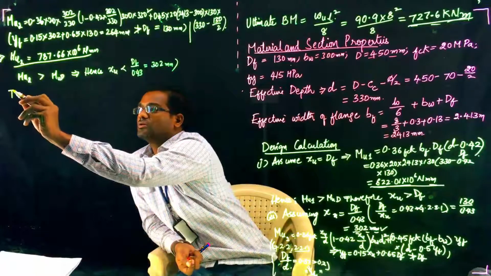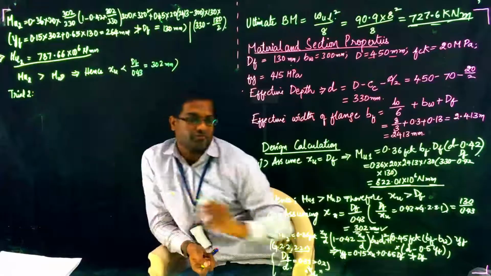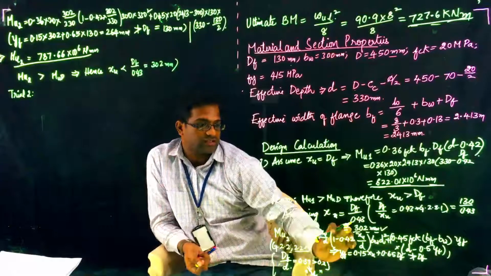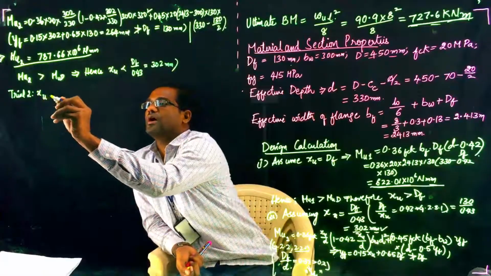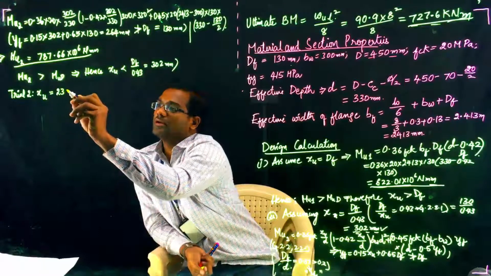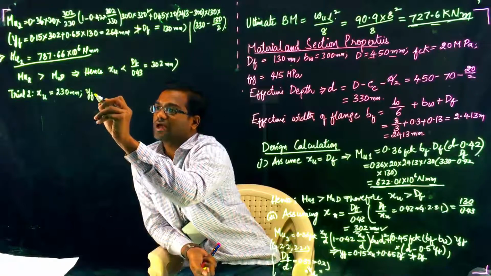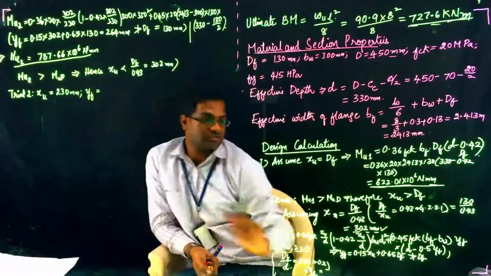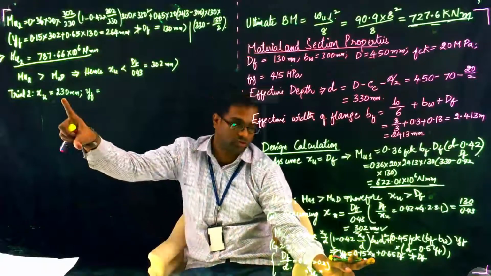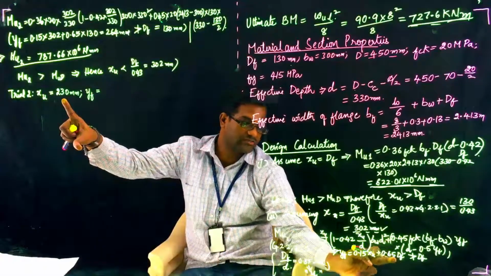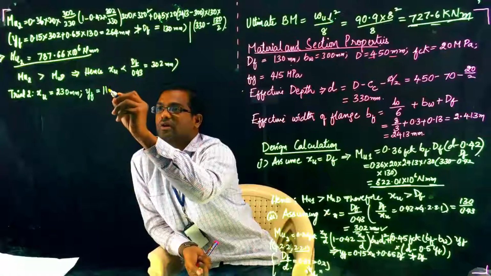Now trial 2. We have taken trial 1 as XU 302. Now in trial 2 we will assume the XU value as 230 mm. For this, if you calculate YF using this equation, 0.15 into XU, 230, plus 0.65 into 130, you will get a YF value of 119 mm.